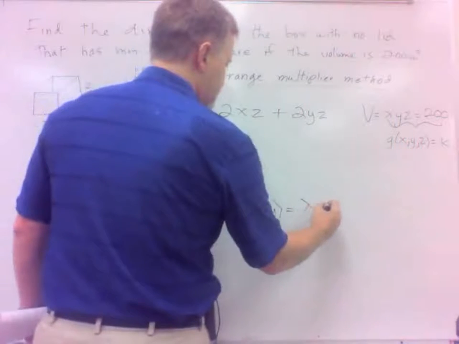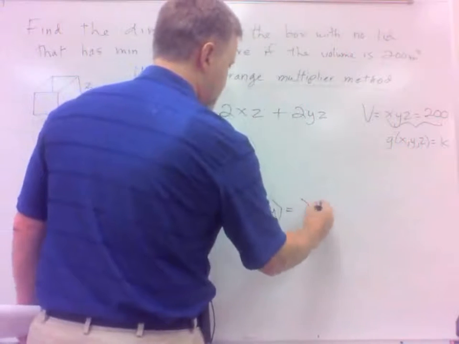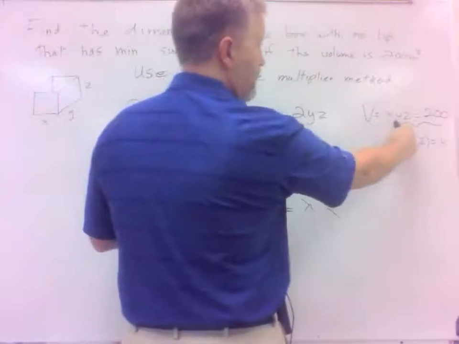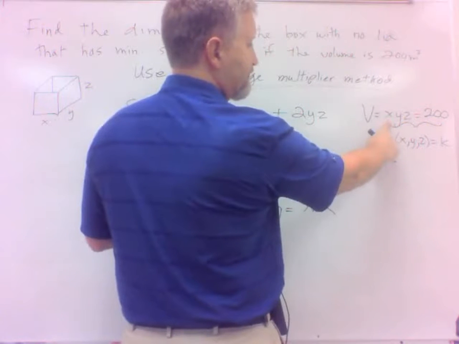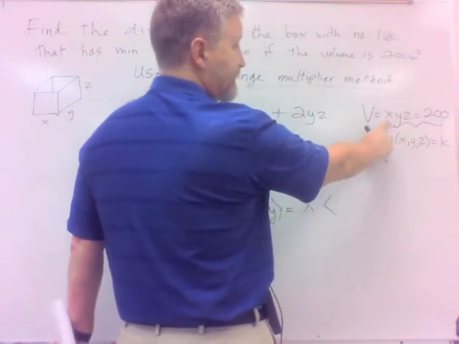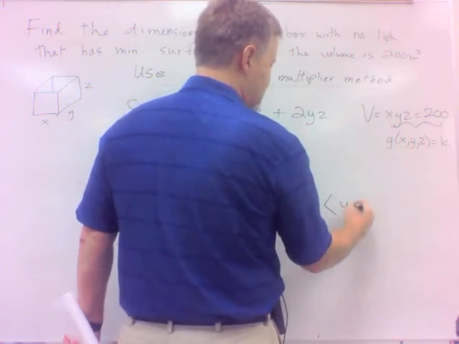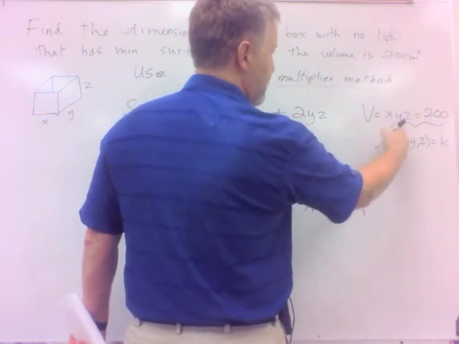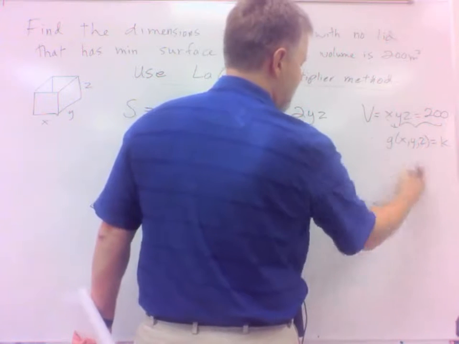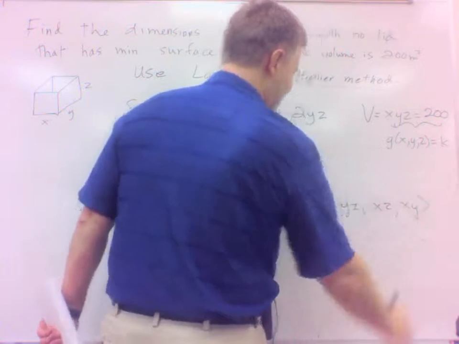Equals then lambda times our gradient of g. So this is g right here. Well, we just need the partial with respect to x, so yz. Partial with respect to y, xz. Partial with respect to z, xy.